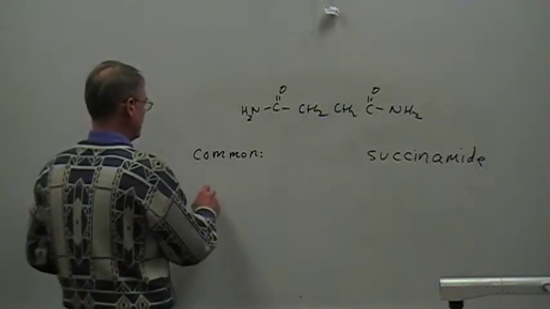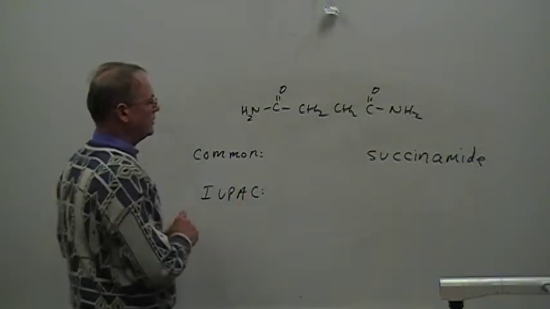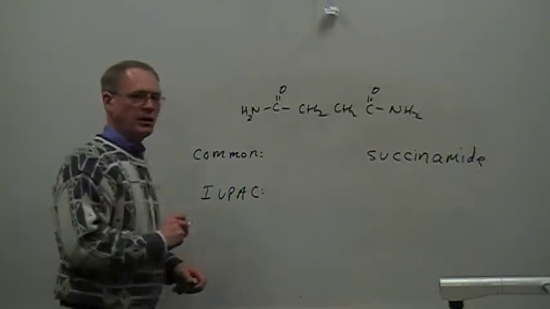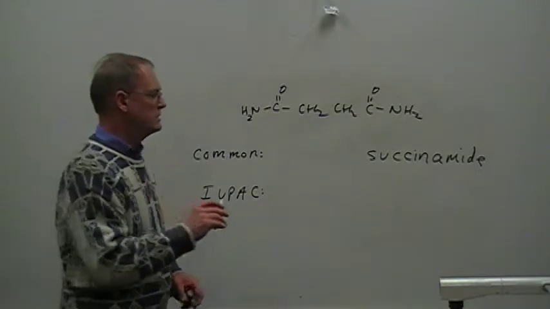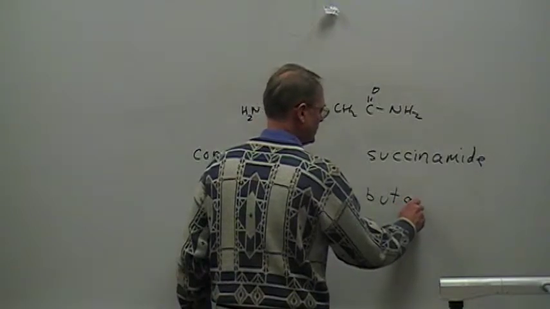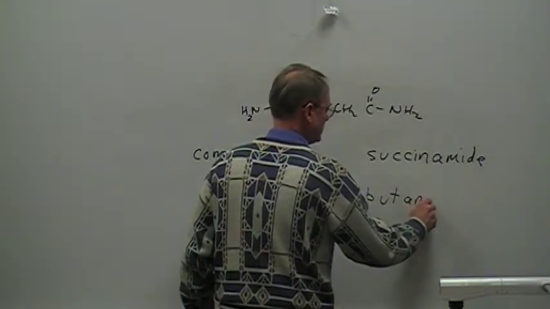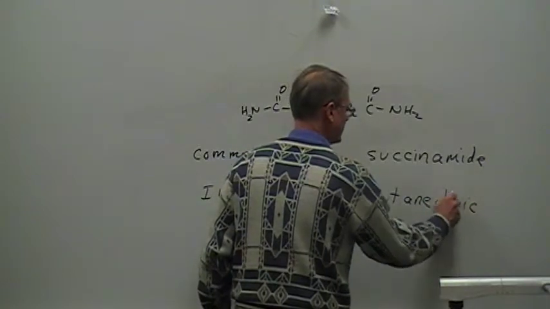What's its IUPAC name going to be? What's the name of the dicarboxylic acid it's derived from? 4 carbons, so that's butanoic acid. But remember how we handle dicarboxylic acids?